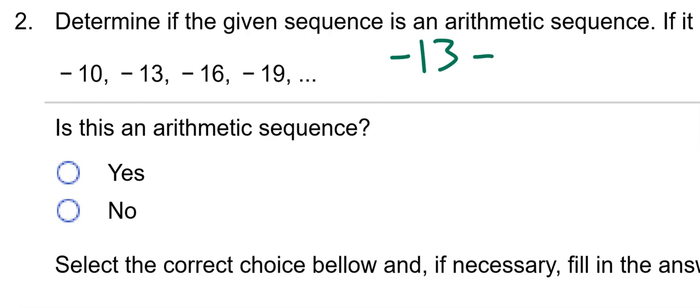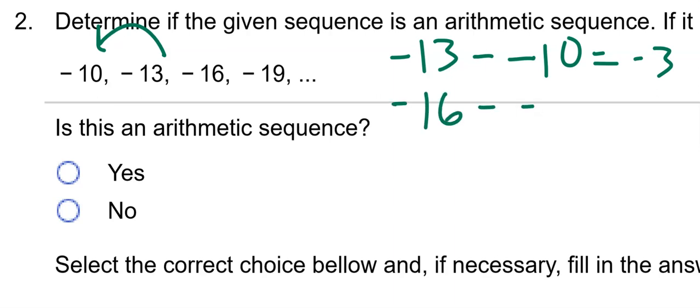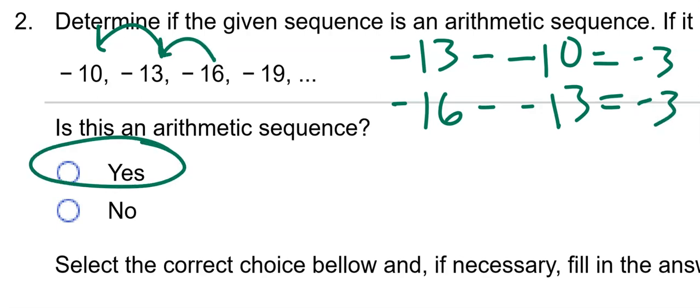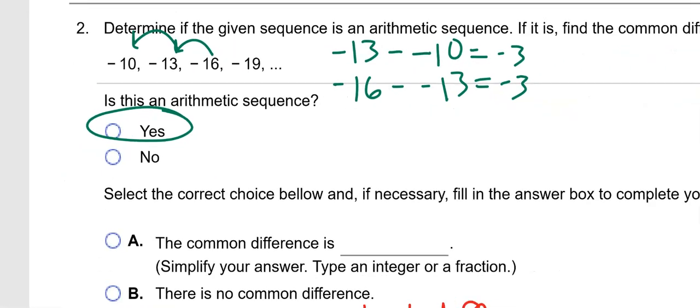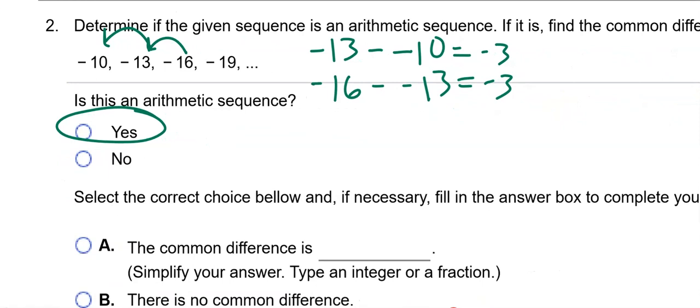So what is -13 minus -10? Any term minus the previous one. -3. Okay, and just to double check, I'm going to do it again. Any term minus the previous one. If we get the same number, we know the answer is yes. And so the common difference is -3.